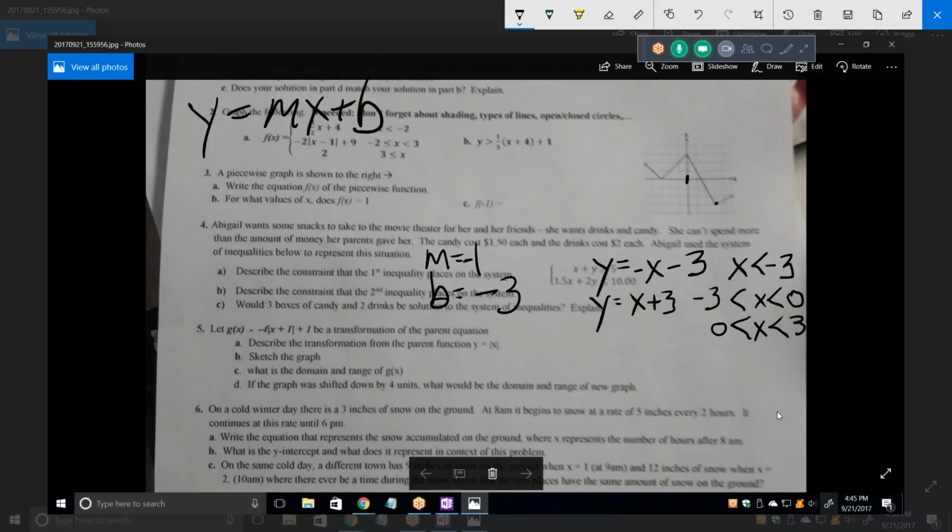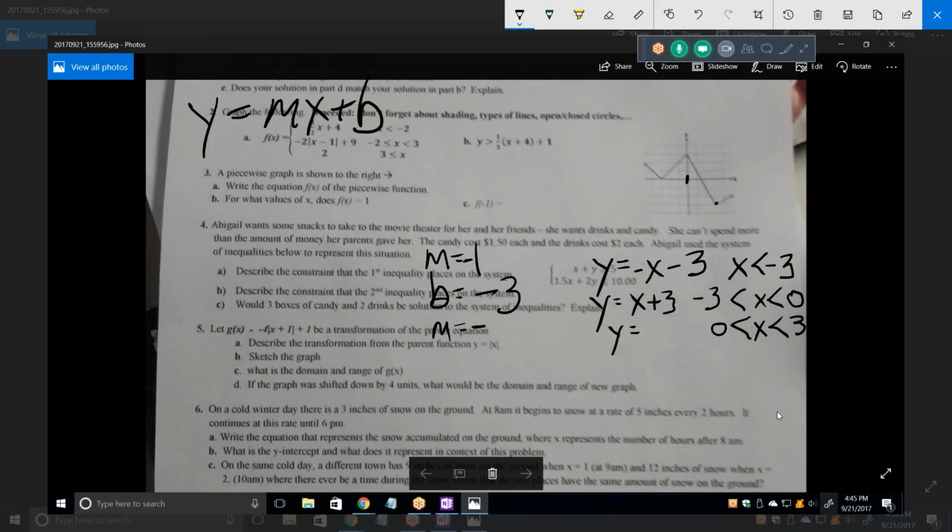Now what's the equation of that line? What's its slope? The slope is negative for sure. Down to the right 1. So what kind of a slope is that? Negative.